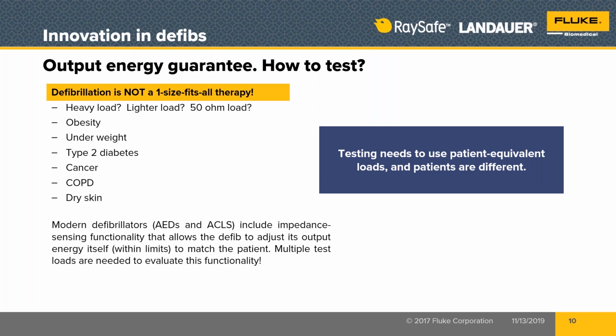And so the newer defibrillators have built into them a sensing circuit that's part of the charging circuit of the defibrillator, measuring the transthoracic, or across the chest, impedance of the patient, sensed through the paddles or these pads that are placed on them. And then it's able to adjust itself slightly within some limits so that what you set is what you get. And that's what I mean by output energy guarantee.